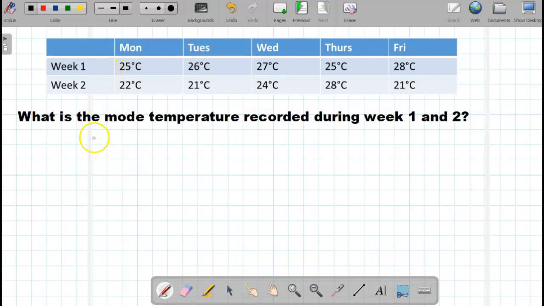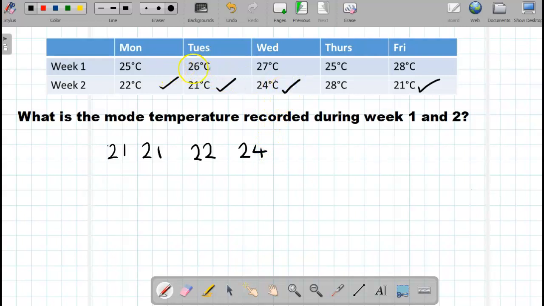Again, let's put these data in order. So we start with the lowest. I can see 1 and 2 occurrences of 21. I can see how many occurrences of 22. There is 1 22. How many occurrences on the next one? 24. Only 1 24 I can see there.